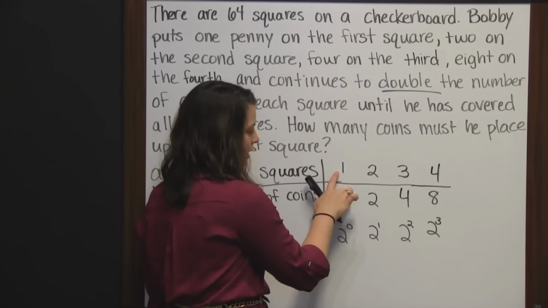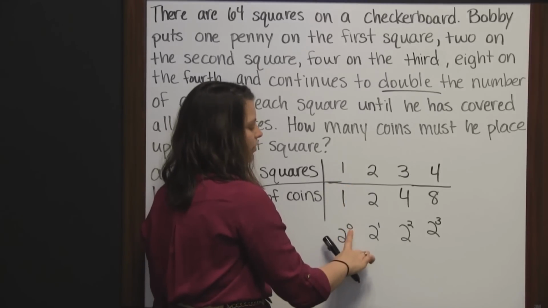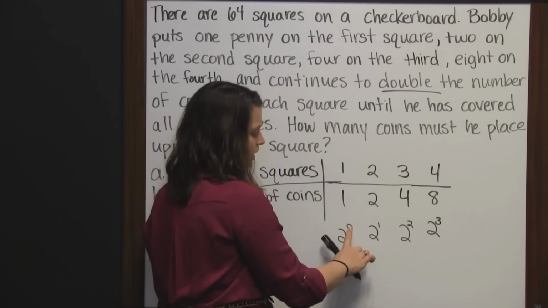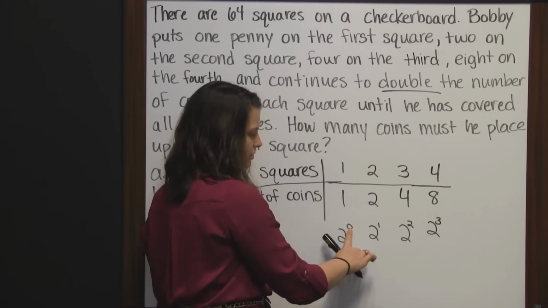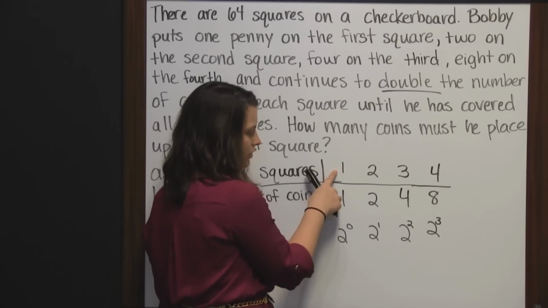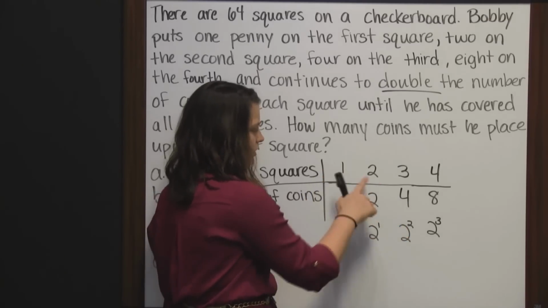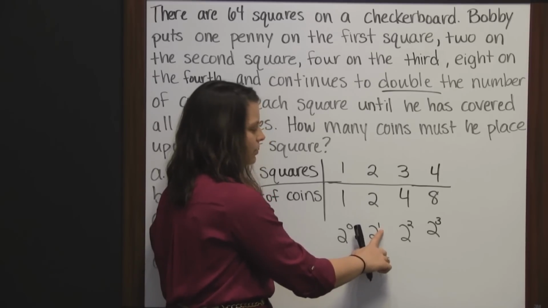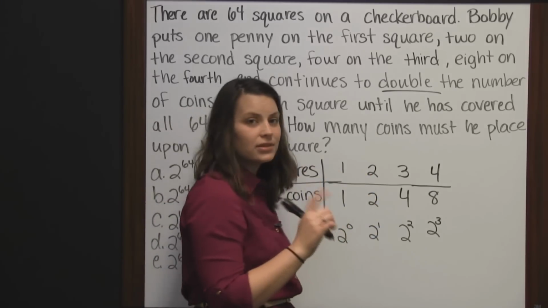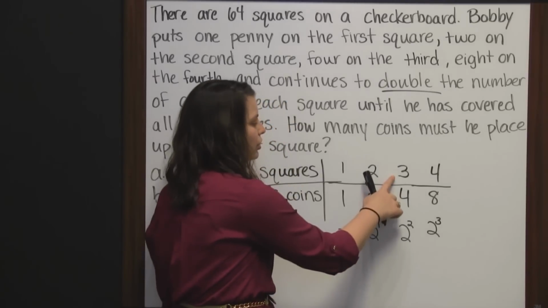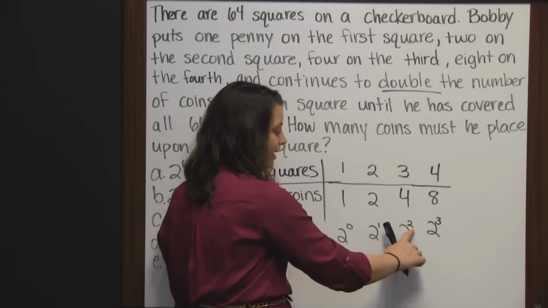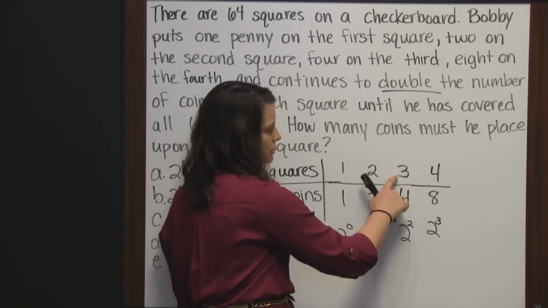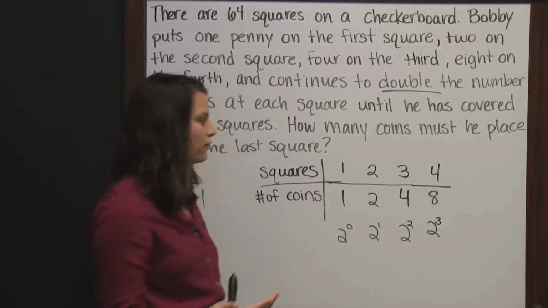The first square had 2 to the power of 0 coins. So the exponent is 1 less than the square that we're on. Second square, 2 to the first power. The exponent is 1 less than the square we're on. Third square, 2 to the second power. The exponent is 1 less than the square we're on, and so forth.